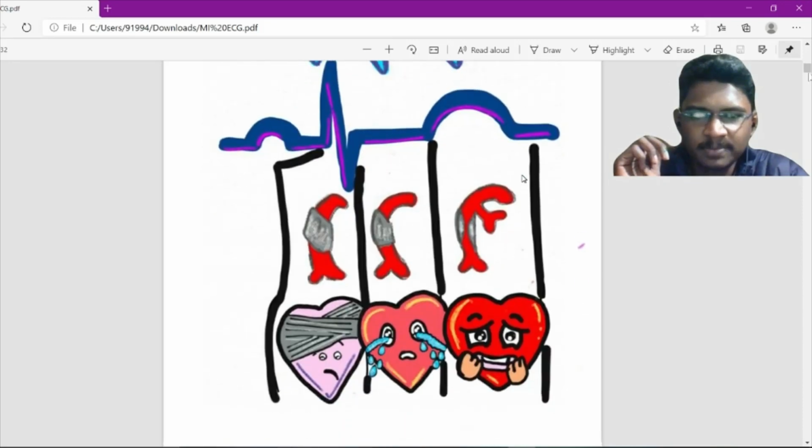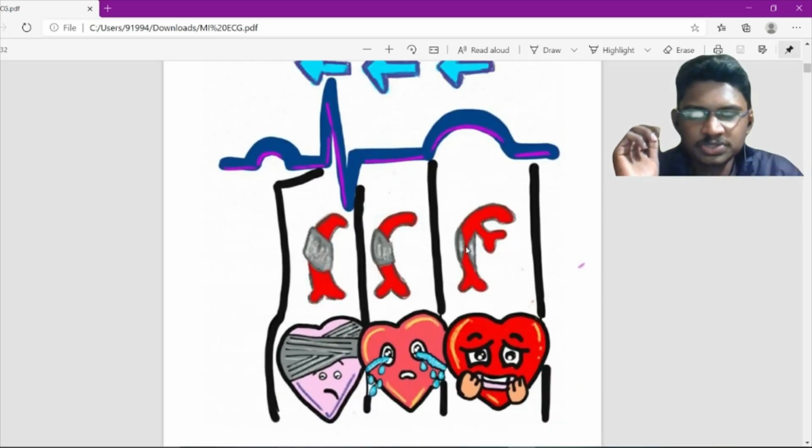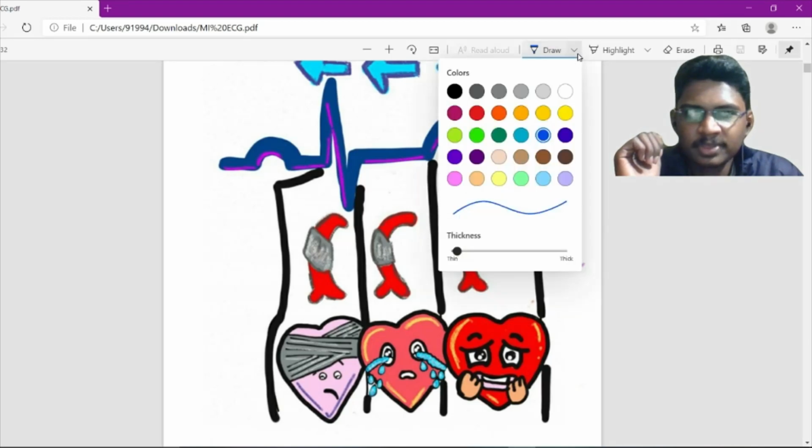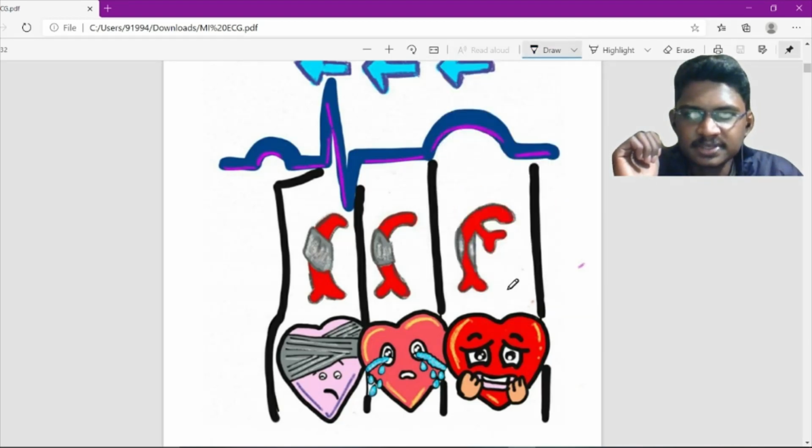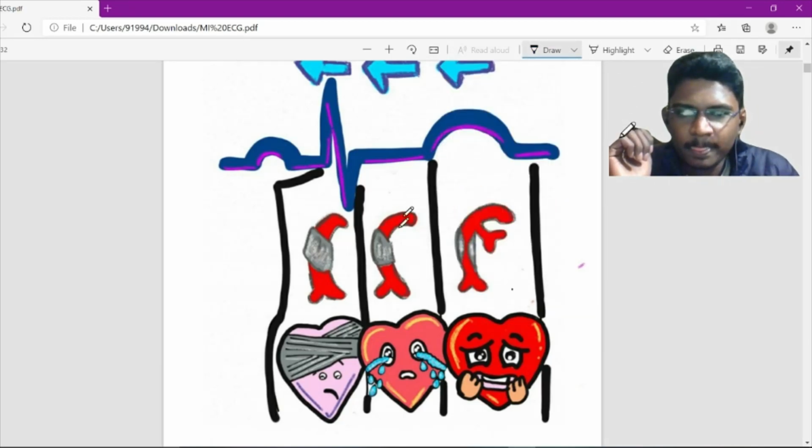Now, how does it all start? This was moderate blockage of the coronary artery. That part we call ischemia. This is critical obstruction, complete obstruction of the coronary artery, which we call injury.